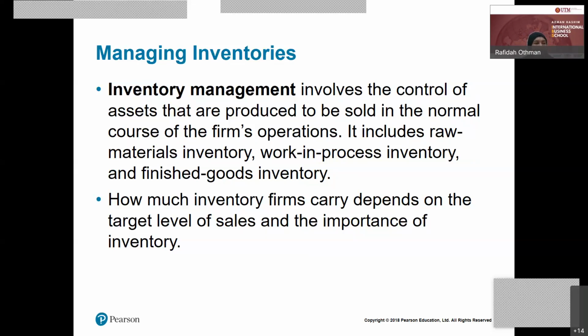We want, as early as possible, to sell the product. Once it's a finished product, you try to sell it as soon as possible. You don't want to keep it in inventory because you want to make money.